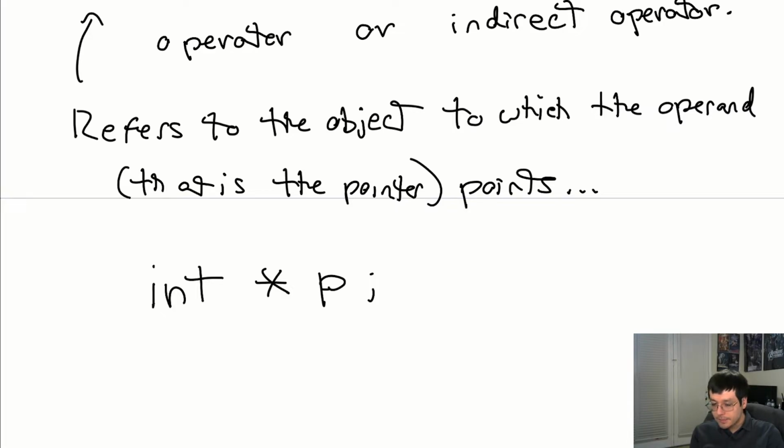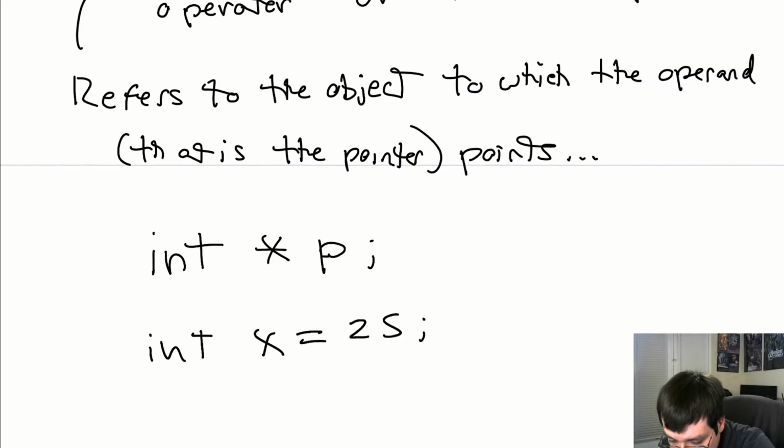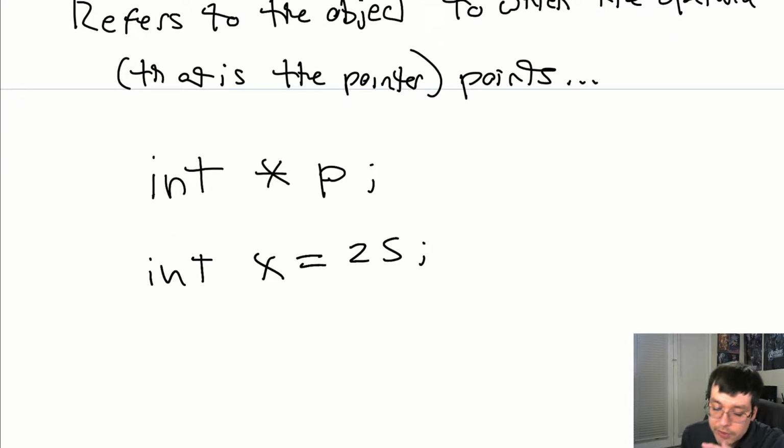Very cool. Let's go ahead and make a normal variable just to compare it and see what that looks like. A normal variable would be something like int x gets 25, right? So we can see the difference between a pointer variable and not a pointer variable. But more importantly, let's make the pointer do something, like poke it until it does something.